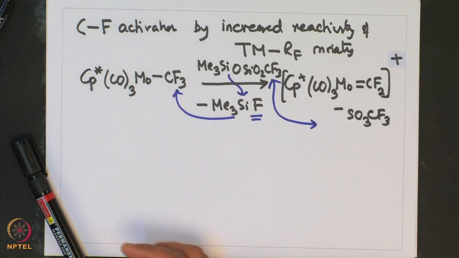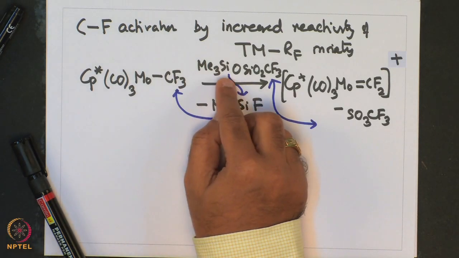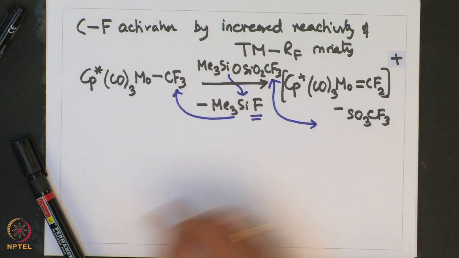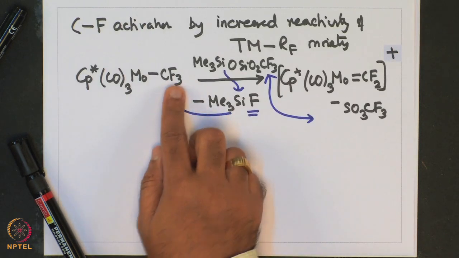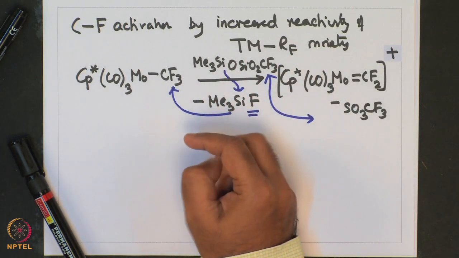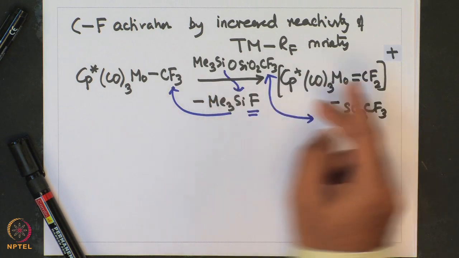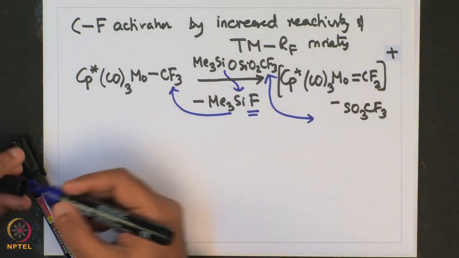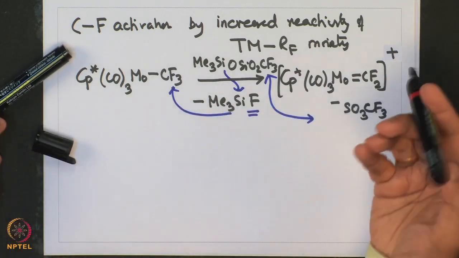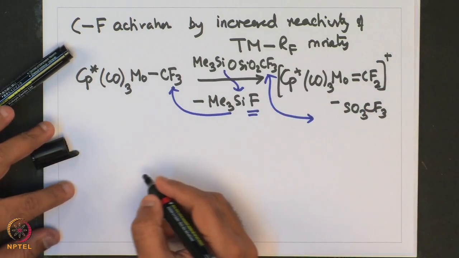Now, this is a very interesting reaction whereby by using TMS triflate one can abstract the fluoride from a transition metal perfluoroalkyl residue, giving rise to CF activation. The driving force for this reaction is twofold.